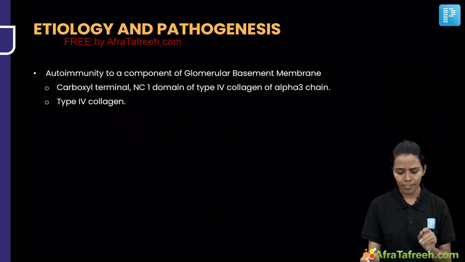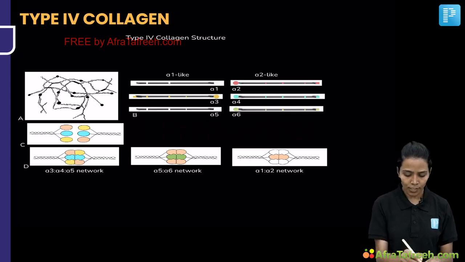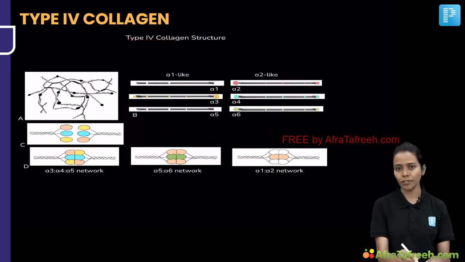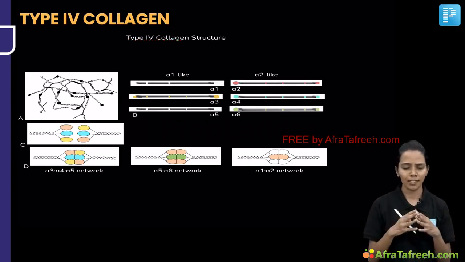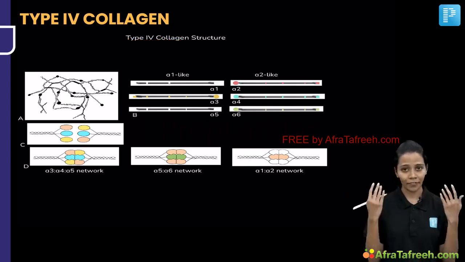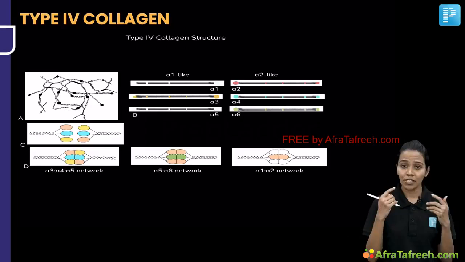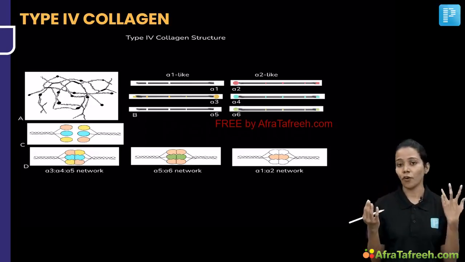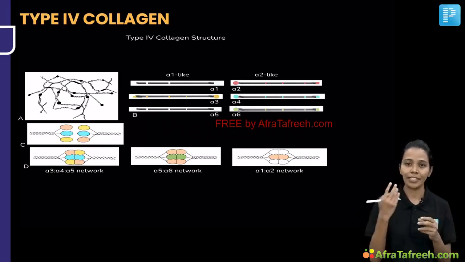So, before going to this, I will just show the normal type 4 collagen chain. So, this is the type 4 collagen structure. Type 4 collagen is present in almost all basement membranes everywhere in the body. But the type of the alpha chain which forms this type 4 collagen varies in each structure.